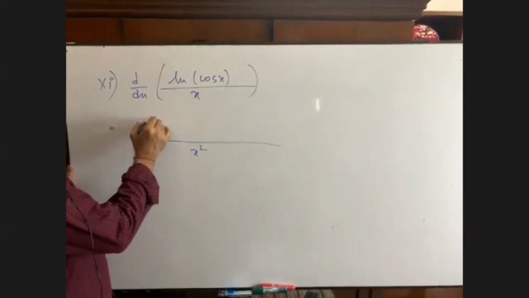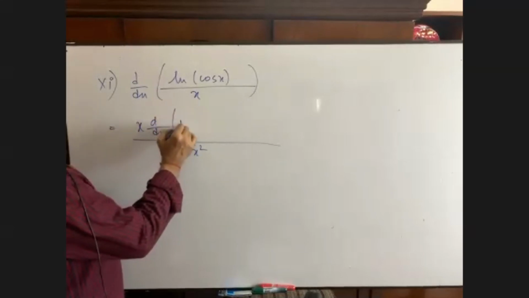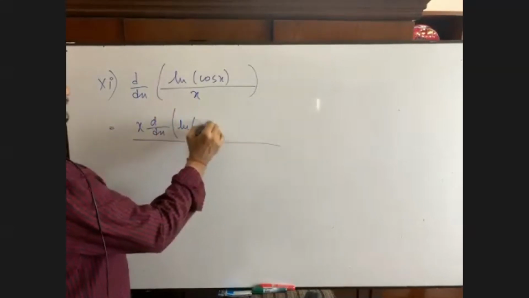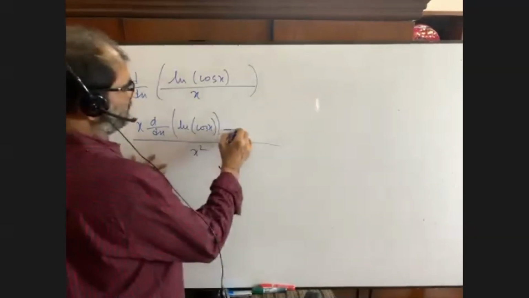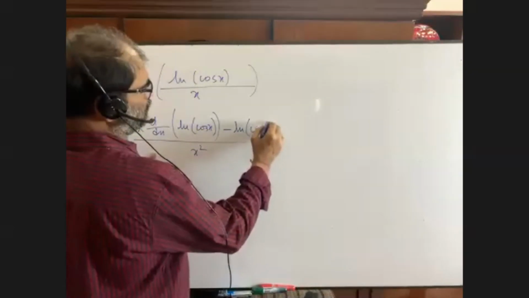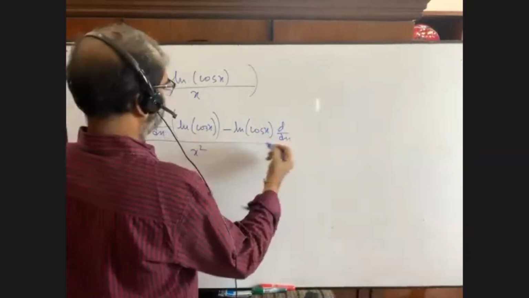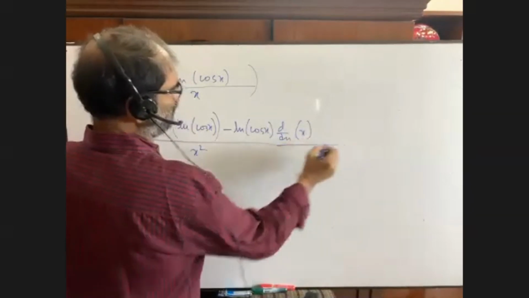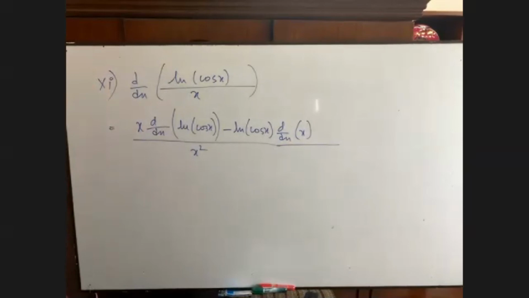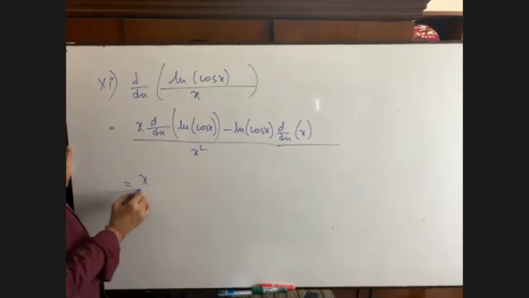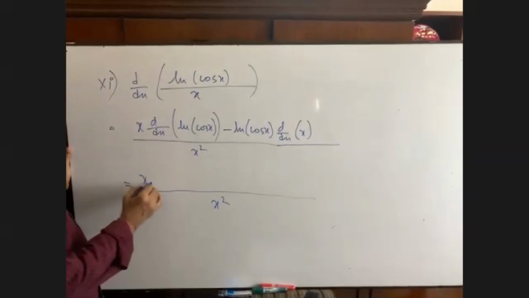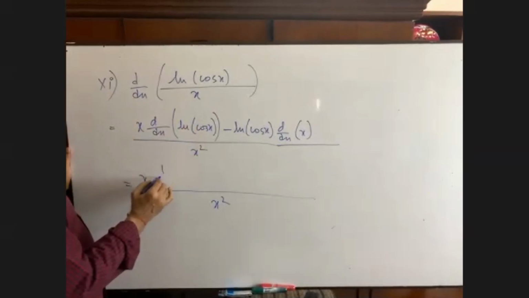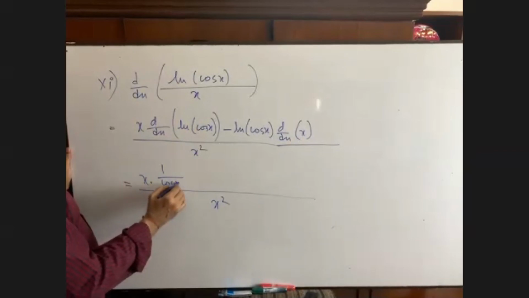Then it is x d by dx ln cosine x minus ln cosine x d by dx of x. It is x. Talk to me. We are getting x. It is x square. What is the derivative of x? It is 1, right?